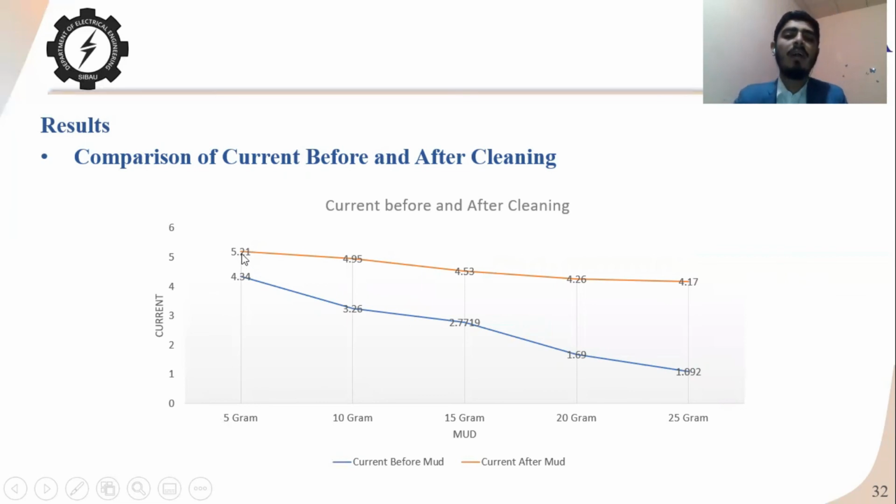It means it has approximately reached its rated value. And at 25 gram, the current is very much less, and when we removed the dust, the current reached 4.17 amperes. There is a great difference.